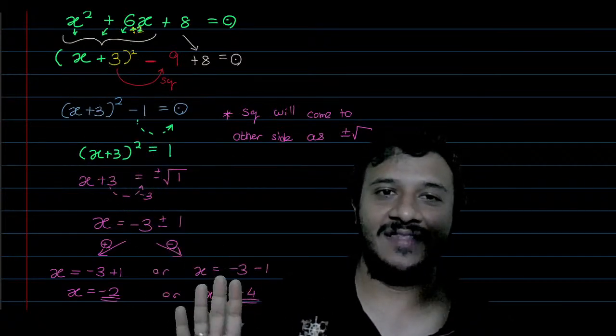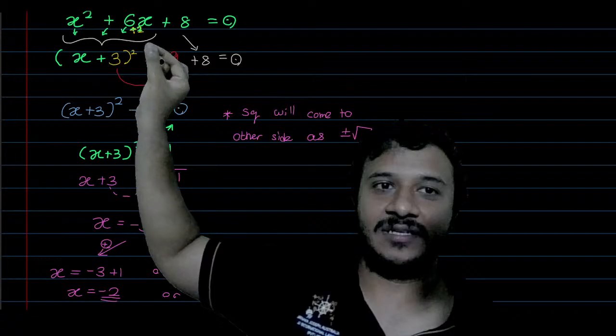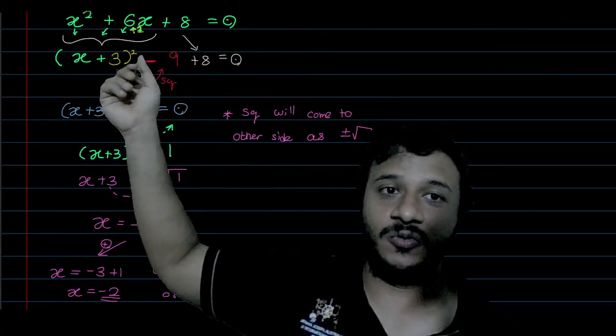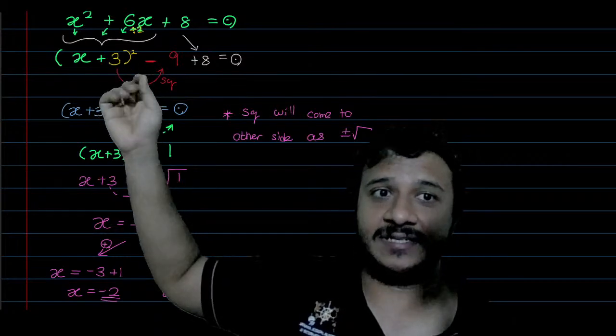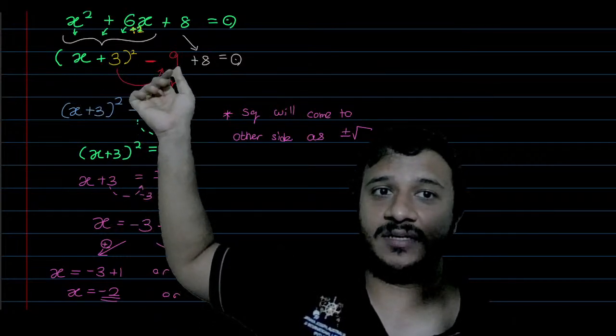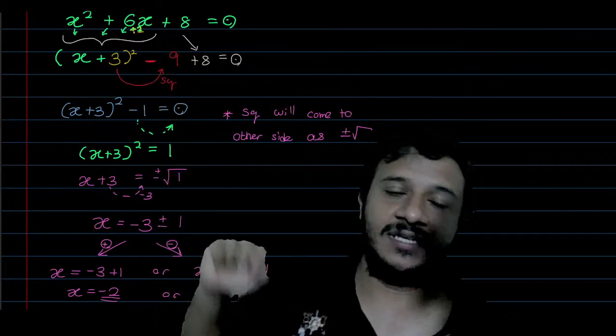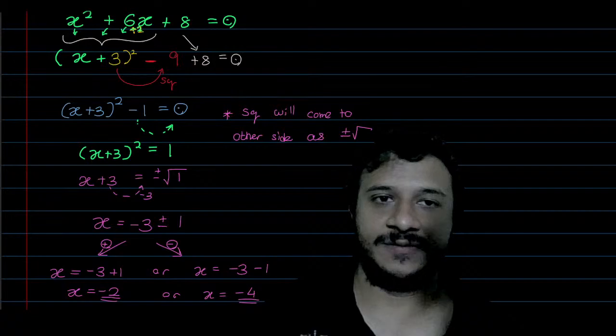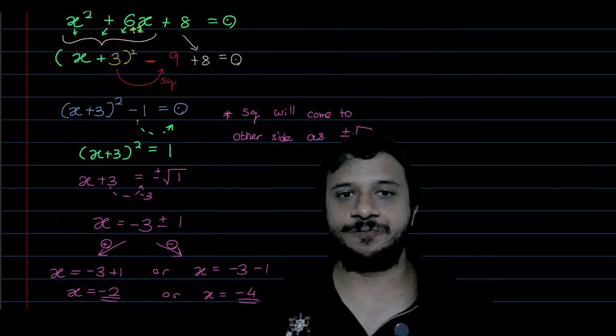So 6 came down as a 3. You close the bracket and you put a square. And then after that, you write a minus. Always this is a minus. And then square this number and write it. So 3 square was a 9. And then whatever the constant and the rest of the things are, or equal 0 in this case.